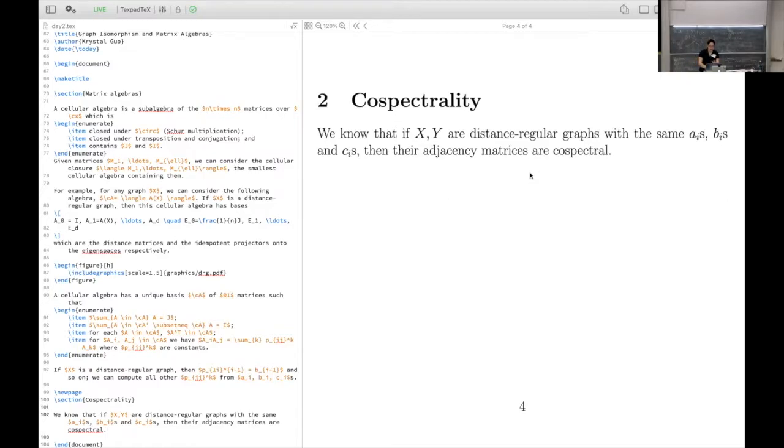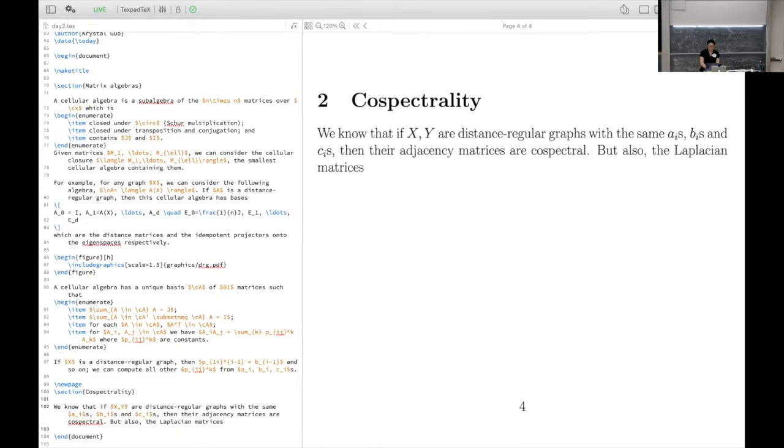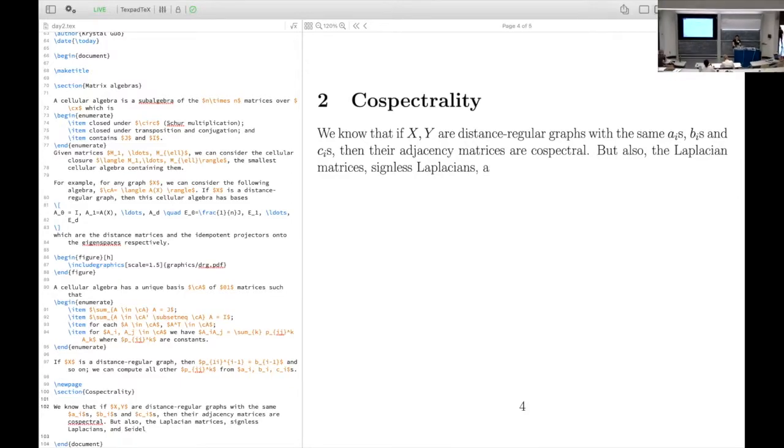Their adjacency matrices are cospectral, but not only that, the Laplacian matrices, signless Laplacian, and the Seidel matrices from Gary's talk are also cospectral.